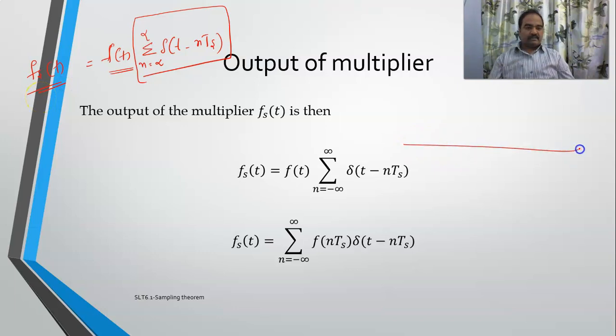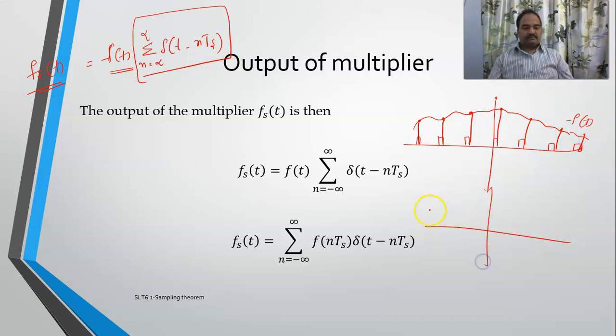This is your f of t, and this is your sample. So the resultant value will be like this.